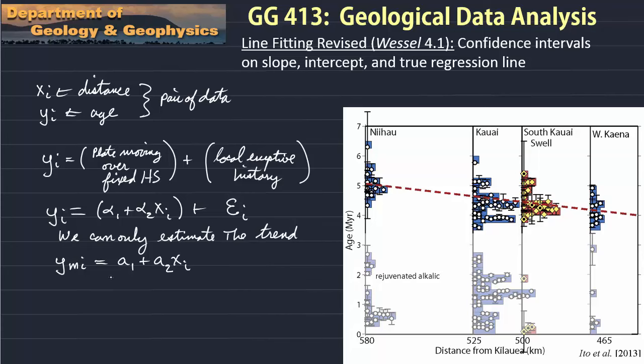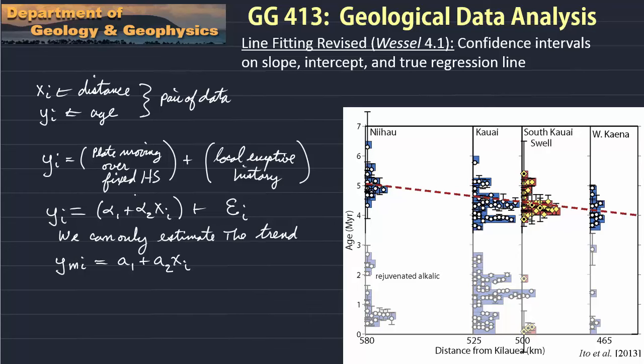So you can imagine how the estimate of the true linear trend is completely dependent upon how much noise there is in the data, as shown by the scatter about the linear trend of these ages, right? It's also dependent on the number of data points we have.